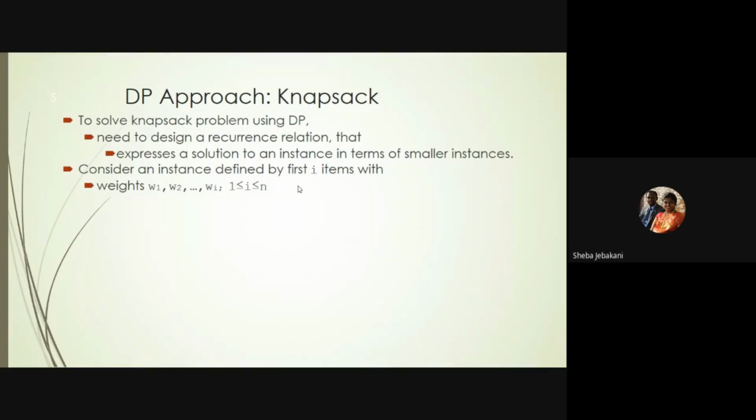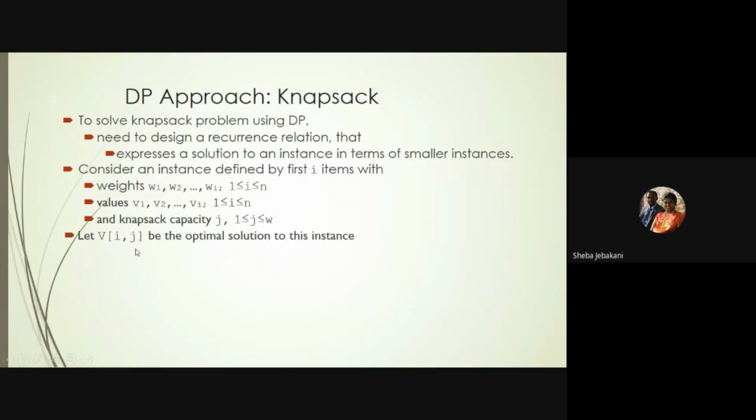So let's say we have some intermediate value I. Consider an instance defined by the first I items. Of all the n items that we have, let's say we are taking the first I items. We'll have weights W1 to Wi, profit values V1 to Vi, and the maximum capacity we're going to take as J.